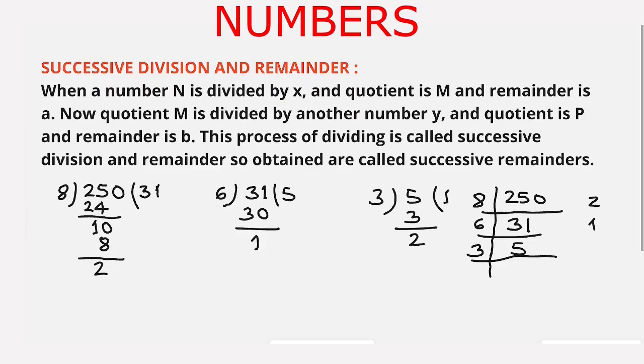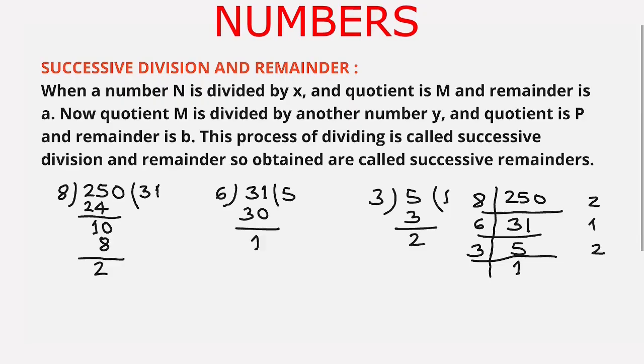It divides it for 1 time and remainder is 2. This way we are successively dividing the number and their quotients and finding the remainders is method of successive division and finding the successive remainder.